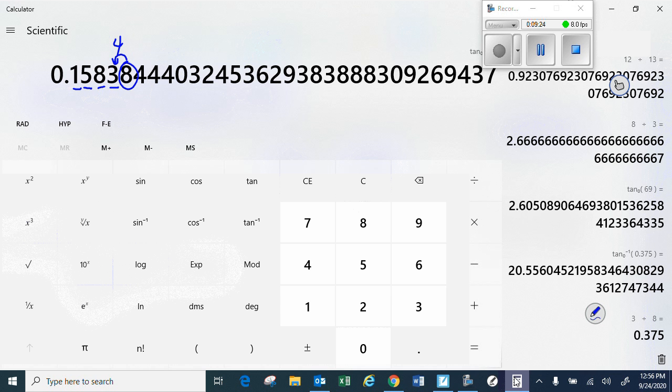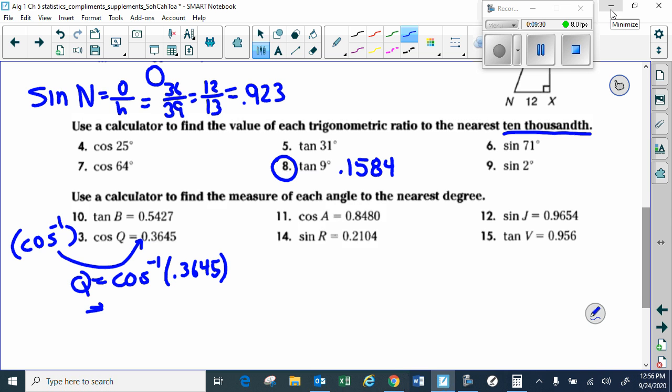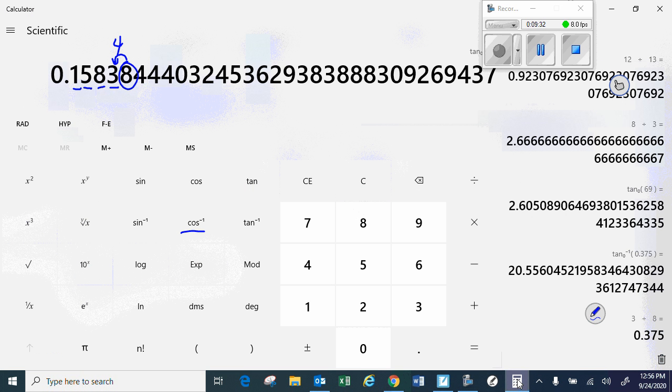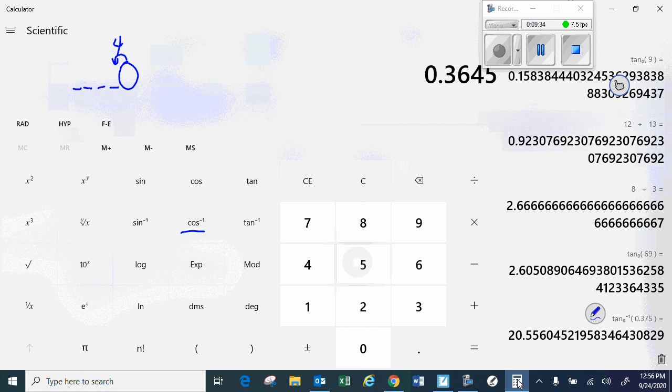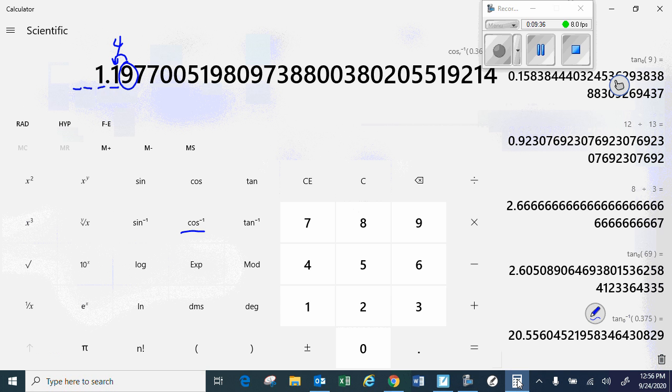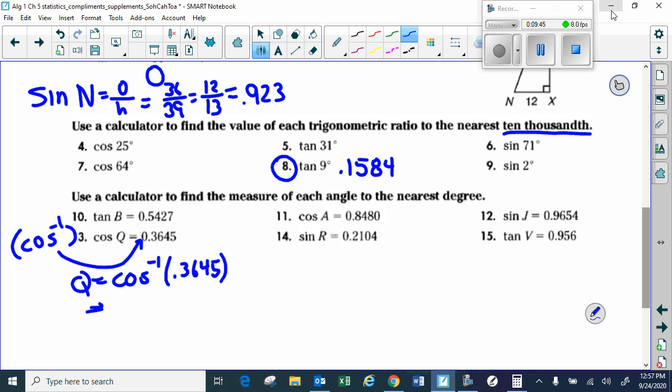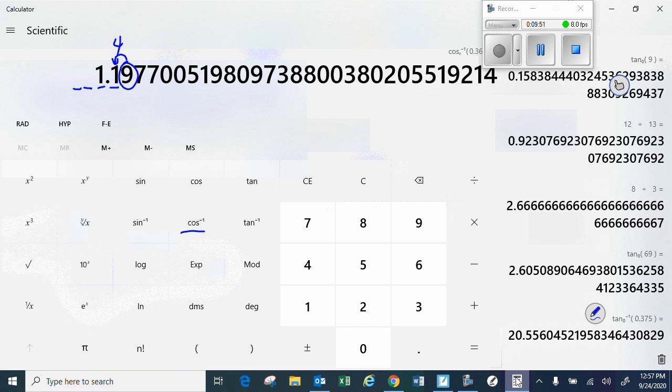On this one, it already has inverse right there, so I'm going to use that one. What was my decimal again? 0.3645, inverse cosine. What did it say to round to? Nearest degree. So 1.2 degrees, which is then 1 degree.